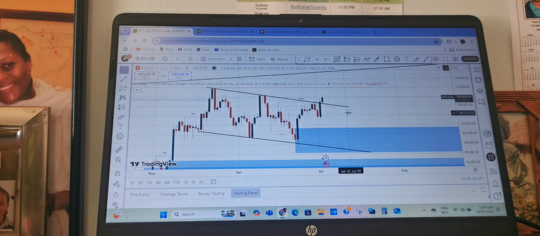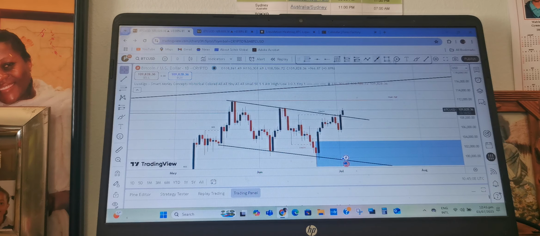But we have a different scenario for the third touch, which first was a consolidation of about 5 days, and then it retraced, hit it, and retraced again.